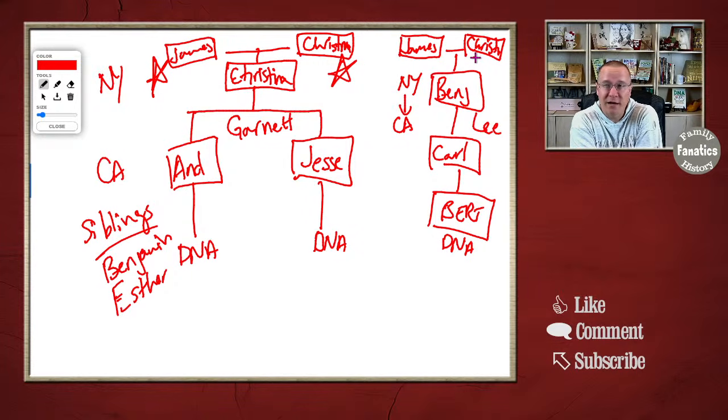So right off the bat, when you're looking at this, we got two families that have a lot of similarities. Now, we didn't know the specific places in California that Benjamin had moved to initially. We knew some places where he lived afterwards, which were not the same places as where this Garnett family lived in California.